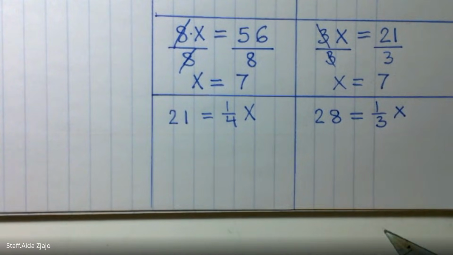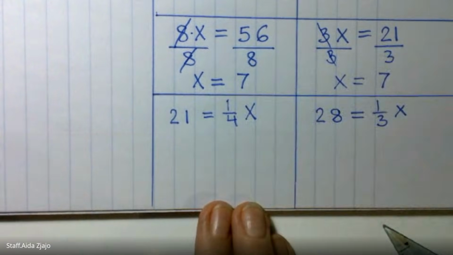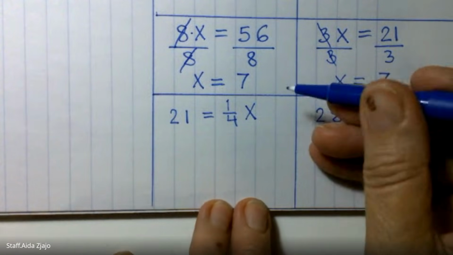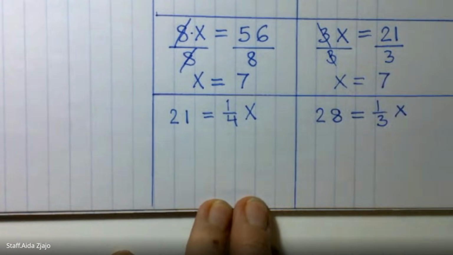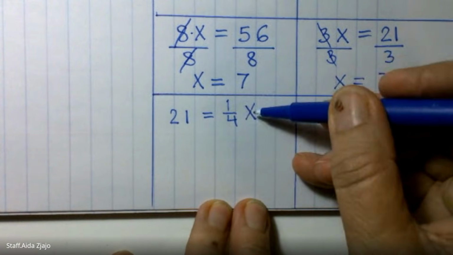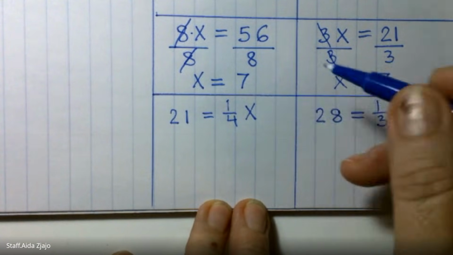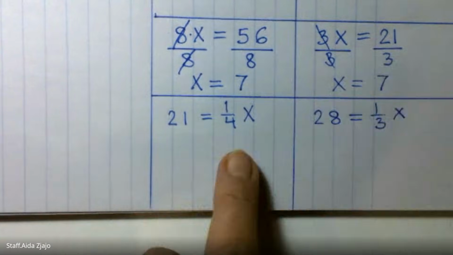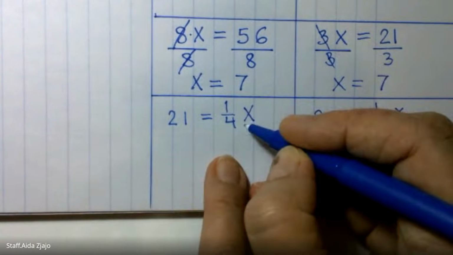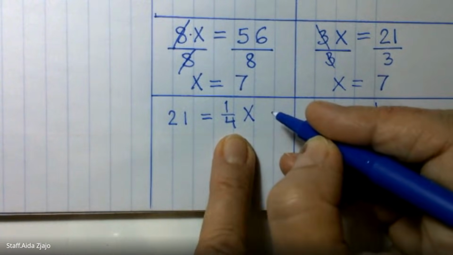In this case, you have different possibilities, but the more important thing is you can multiply. If you multiply a number by a fraction, and you want to cancel, you're going to multiply by the reciprocal.